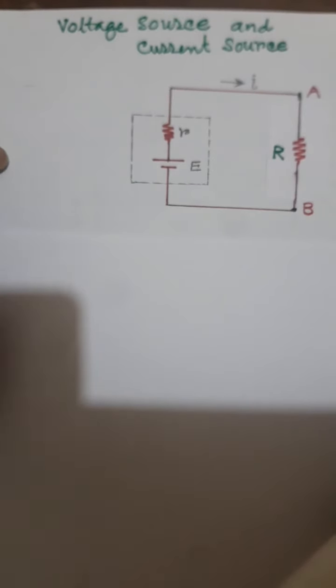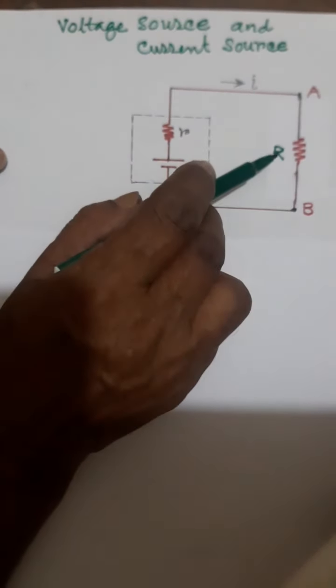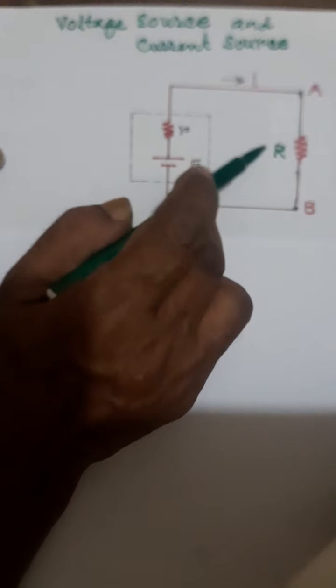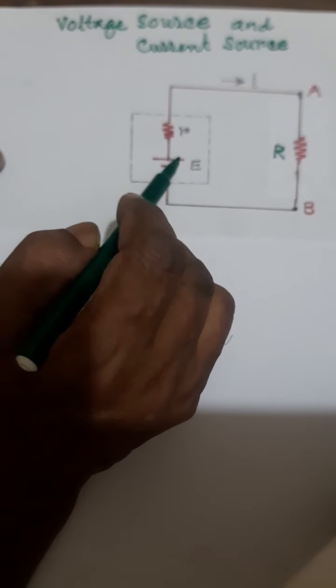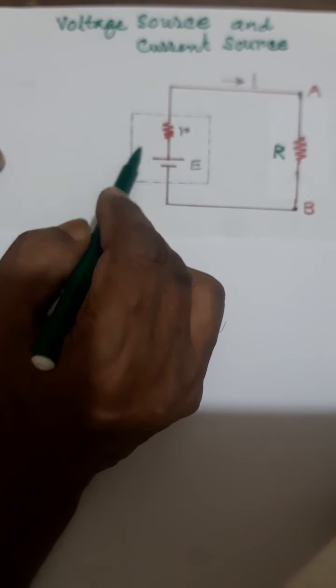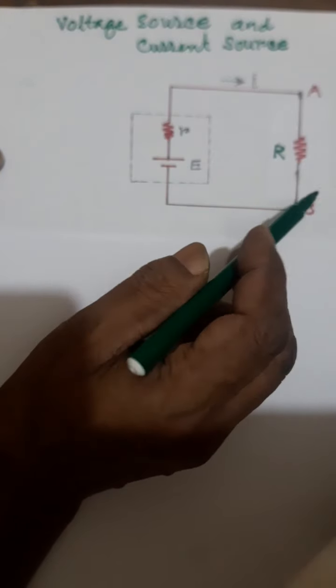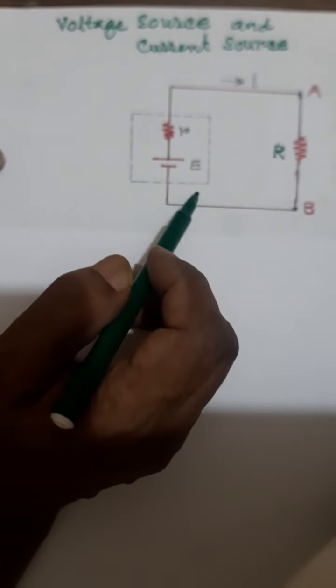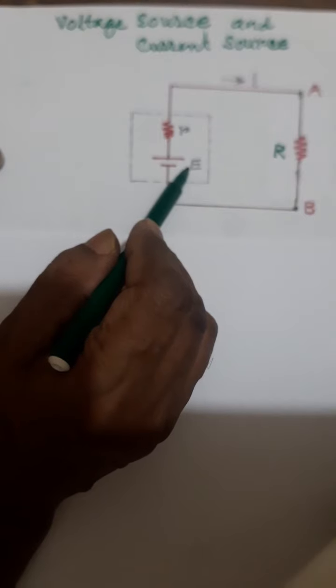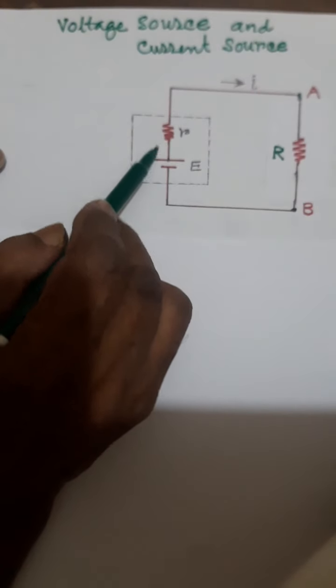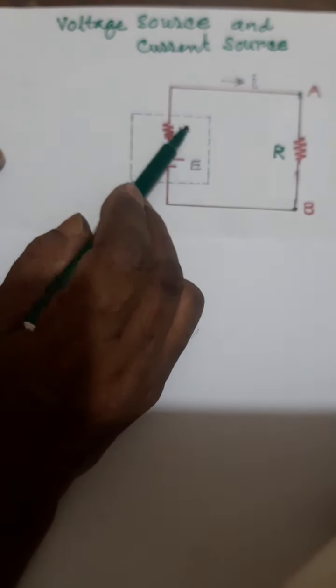A load of resistance R is connected to a source as shown in the figure. The source voltage is E and the source resistance is small r.